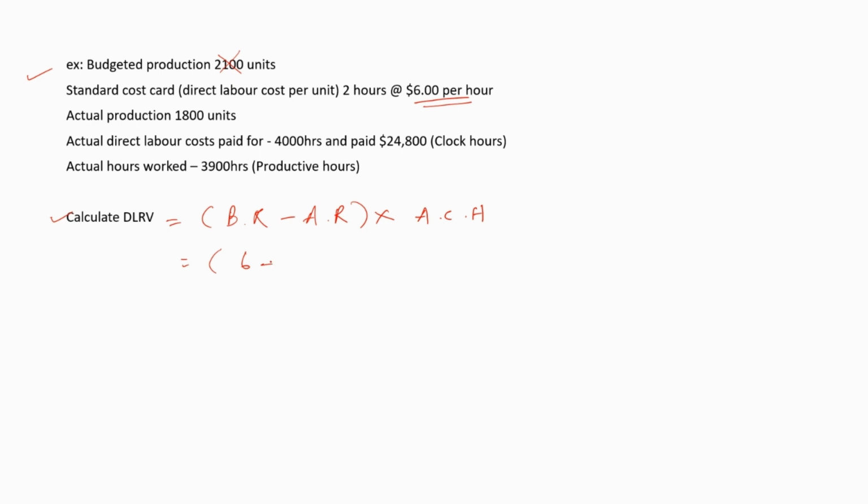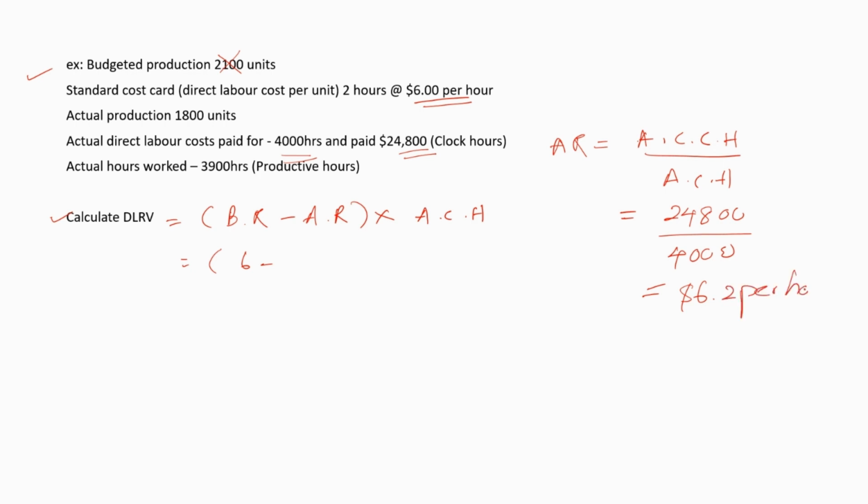What is the actual rate? They have not given the actual rate directly, so we have to calculate it, which is equal to the actual cost paid for clock hours divided by the actual clock hours. So this is the amount paid and this is the clock hours. So the actual rate is equal to $6.2 per hour.